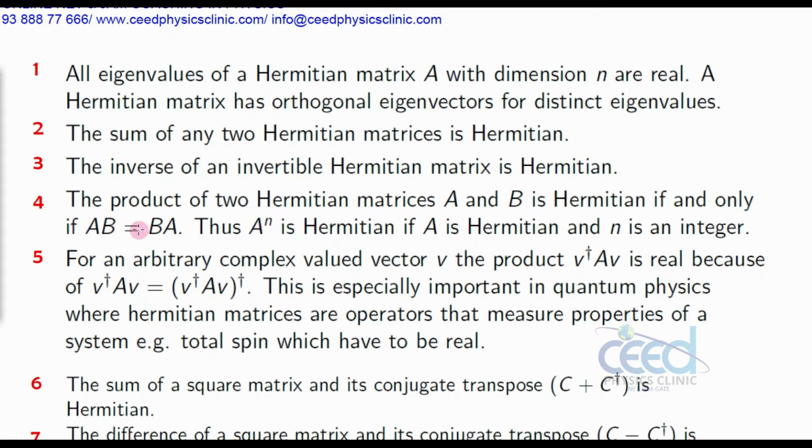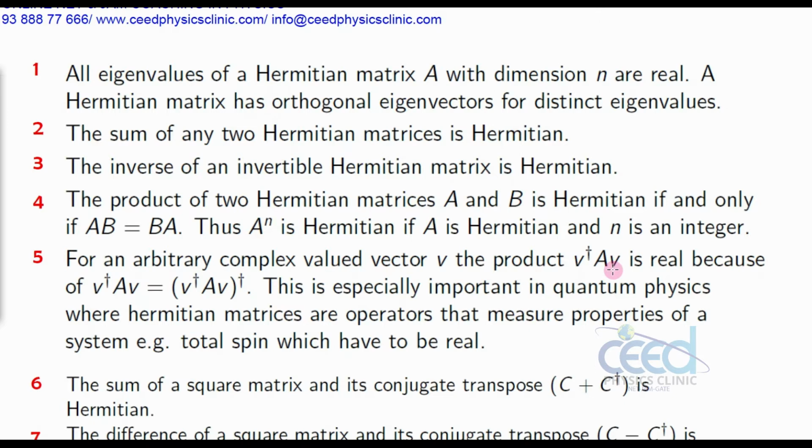Now the other property is for an arbitrary complex valued vector V. If you consider a complex valued vector V, then V dagger AV should be real.